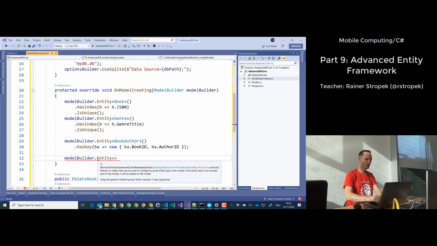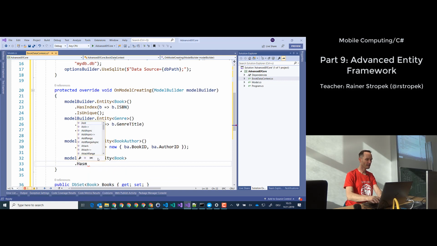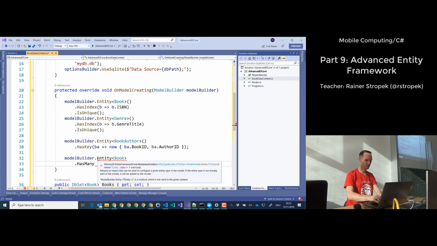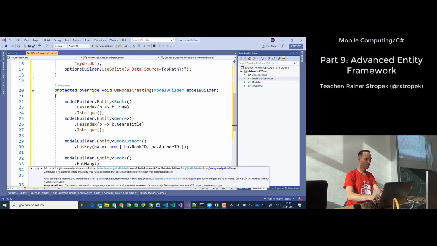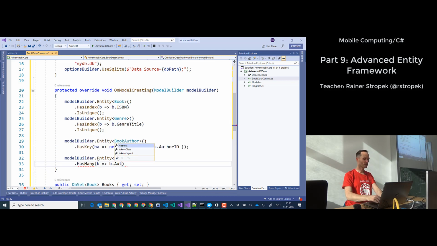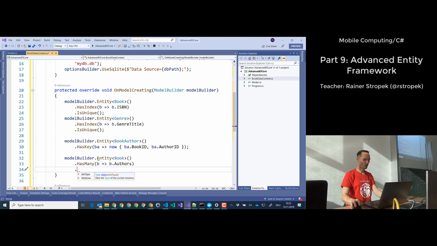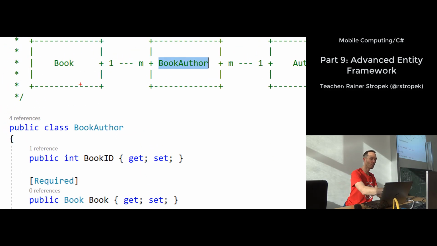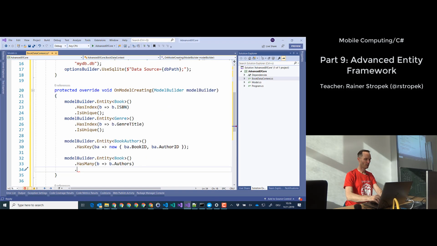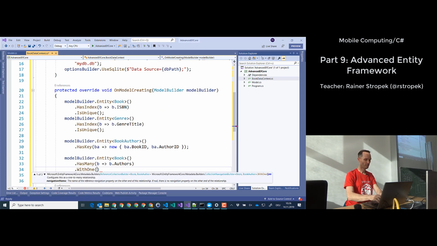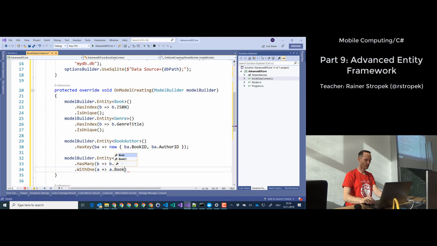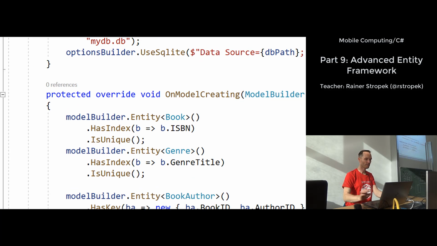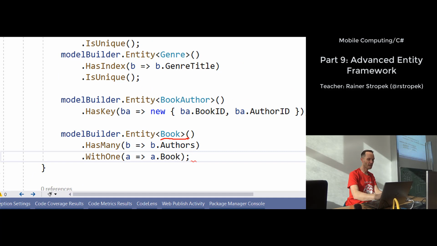So we say entity book has many authors, and then we work our way back from the book author to the book. So this time it has one book with one book. So what we essentially say here is a book has many authors and each author has exactly one book.